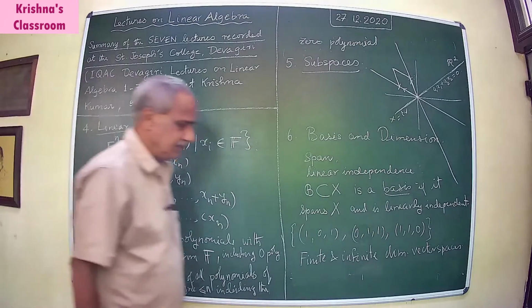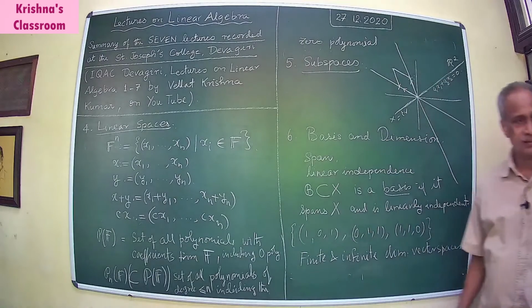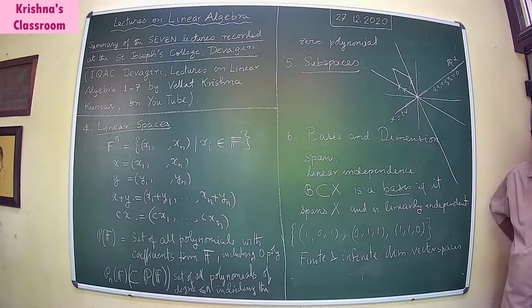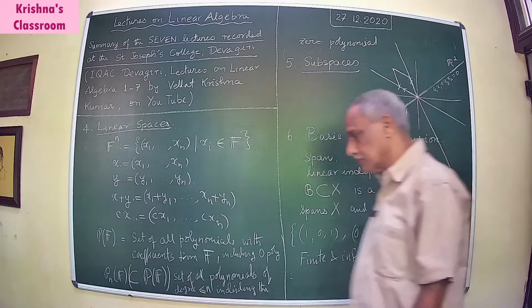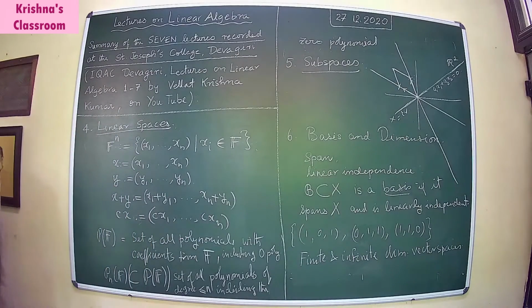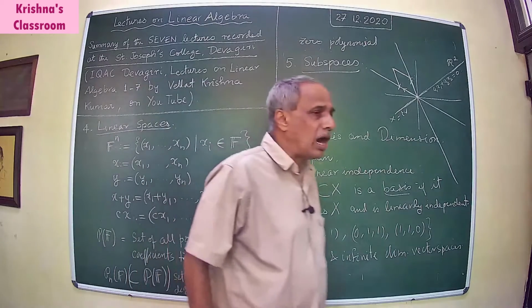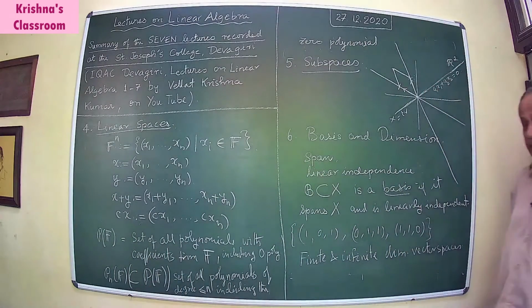It says that if you have a finite dimensional vector space, then no matter which basis you choose, the number of vectors in the basis always remains the same. In other words, there is an invariant number associated with the vector space, irrespective of what basis you choose for a finite dimensional vector space.